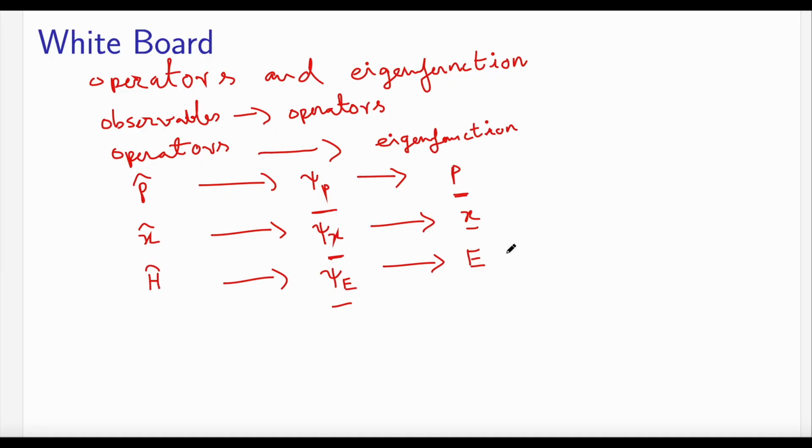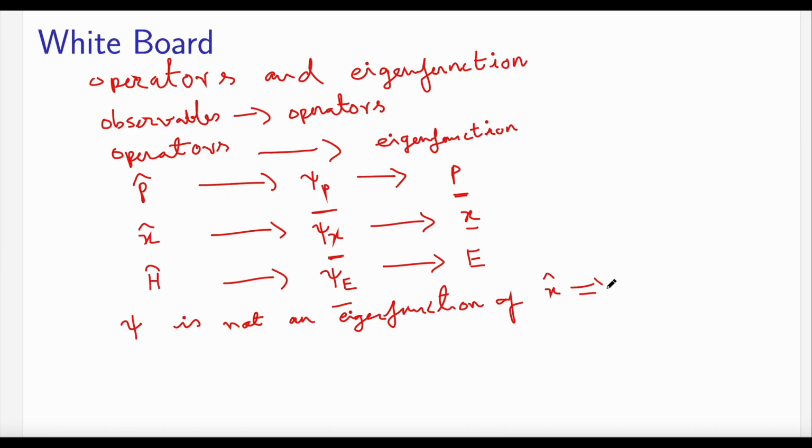And the thing is that if it's not an eigenfunction, take an example: say psi is not an eigenfunction of the x operator. Then what does it imply?